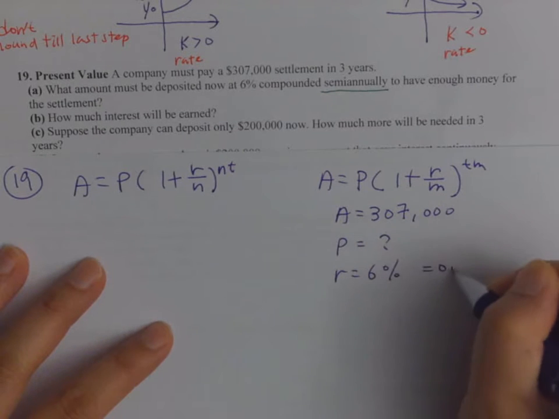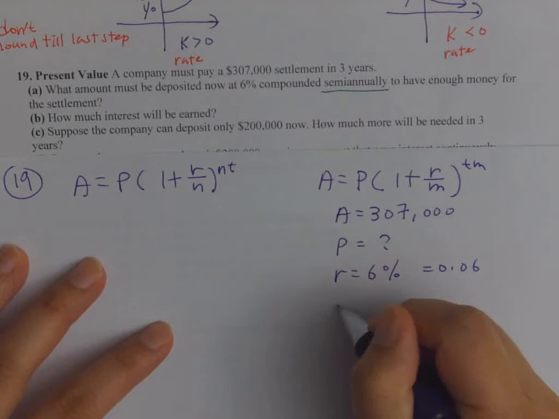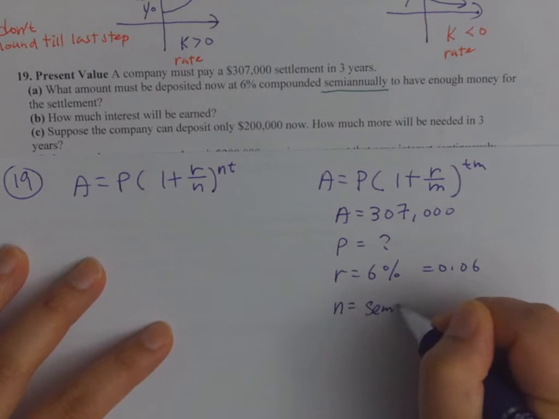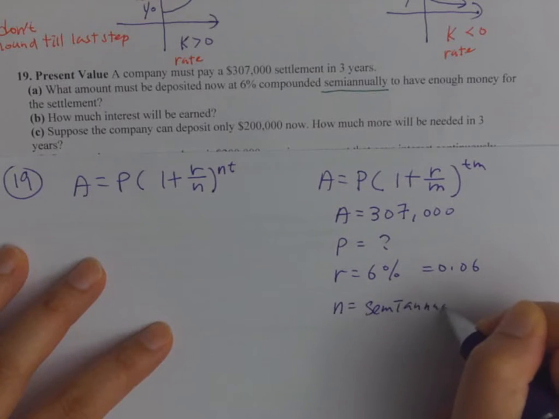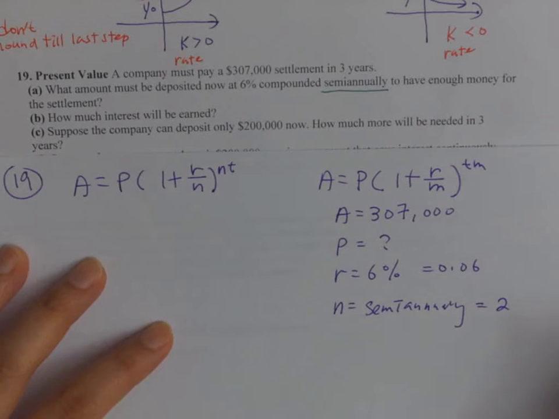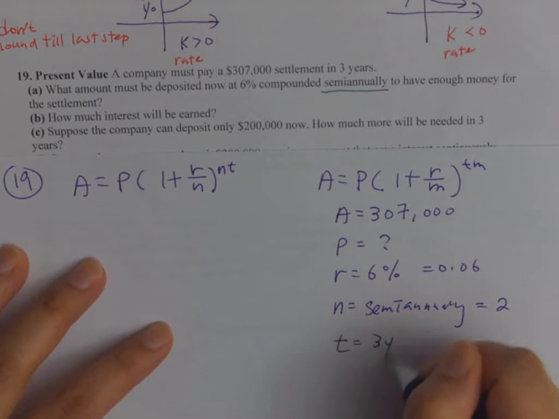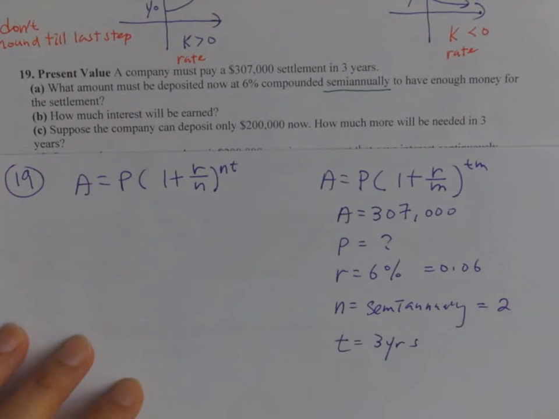So looking at here, we have the amount over time is going to be $307,000 in 3 years, and then they want to know how much money you need to deposit.